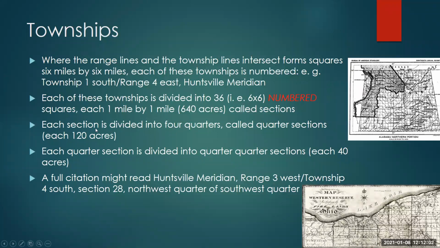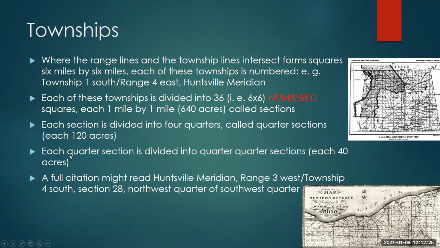The section is 640 acres, but the section is divided up into still smaller parts. Each section is divided into 4 quarters, and this is called a quarter section. Each quarter section is 120 acres. Like they say, do the math.